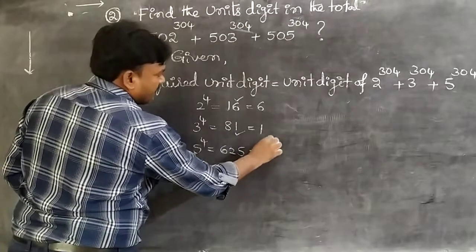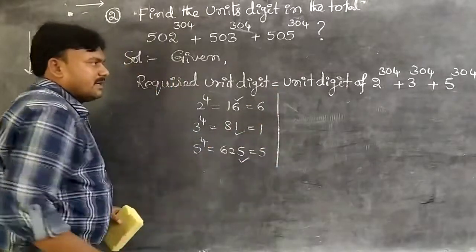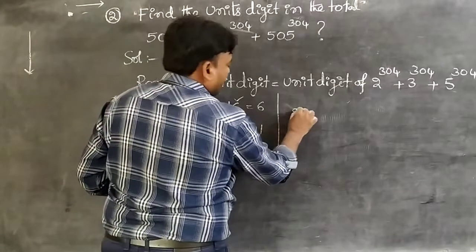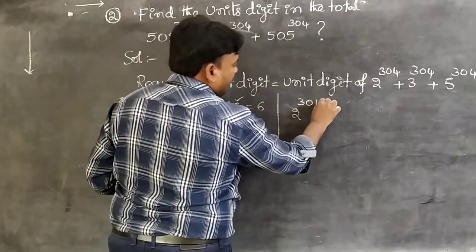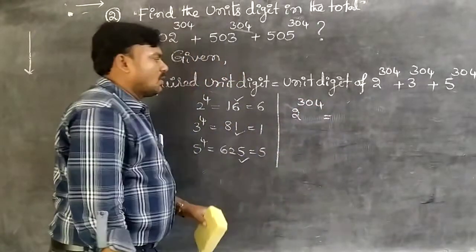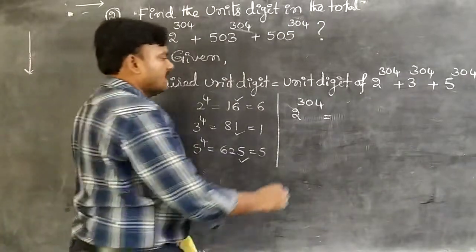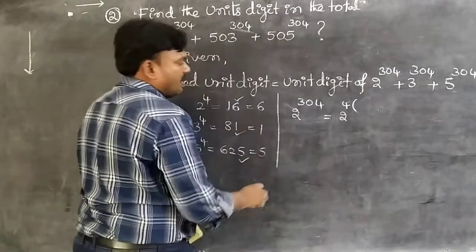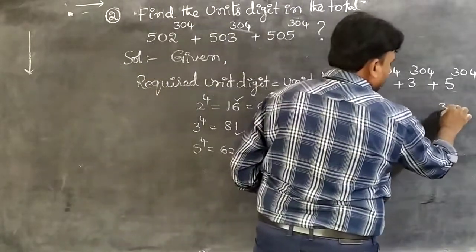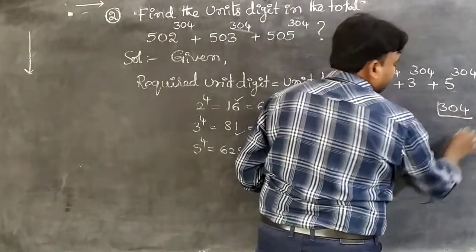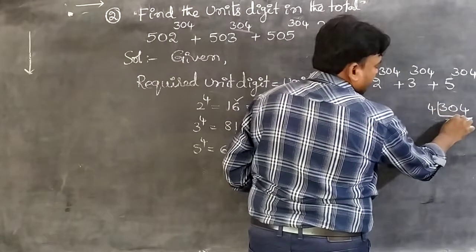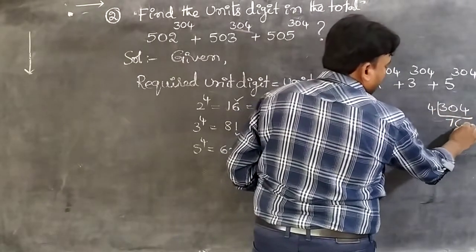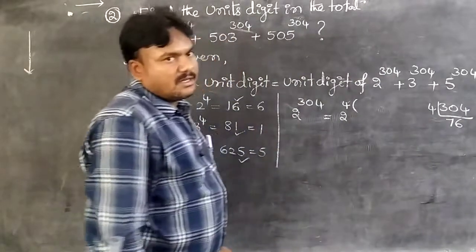5. So same like that, we have taken here 2 power 304 can be written as 2 power 4 of 304. Aside for students, 304. 4 7s are 28. 4 6s are 24.